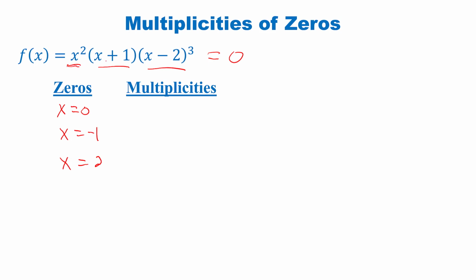If we wrote this all out, we'd have x times x, times x plus 1, times x minus 2 times x minus 2 times x minus 2. So the multiplicity is the number of times the factor appears that gives us that particular zero. So x appears 2 times. But we can kind of cheat and see that x is raised to the power of 2 here. x equals negative 1 comes from x plus 1.